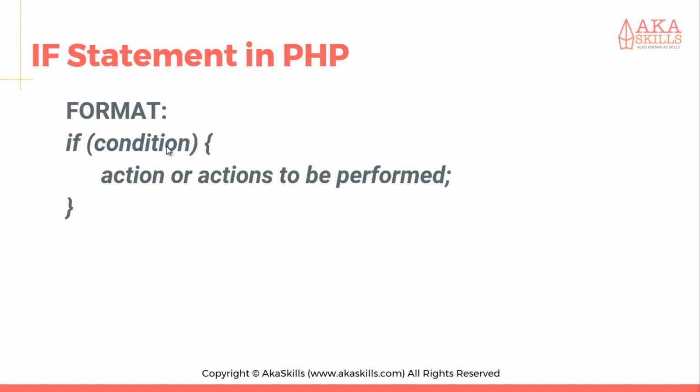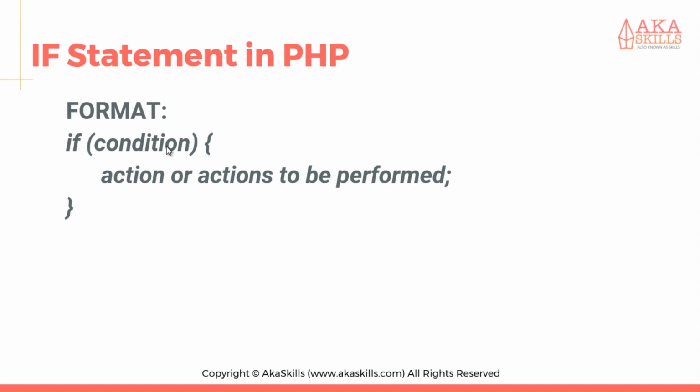It's as simple as saying if. In this case, if is a keyword. So when you start with the keyword if, the PHP program knows that you are about to specify a condition. Now, once you say if, this is followed by parenthesis or bracket, if you may.